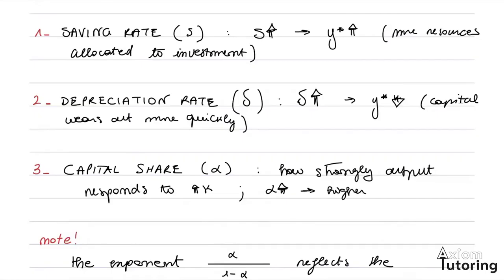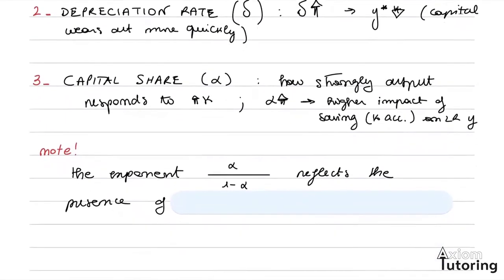So we are going to have a higher impact of savings and hence capital accumulation on long run output.